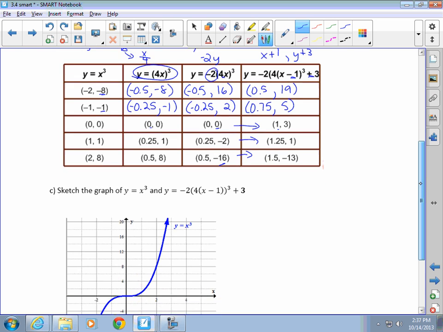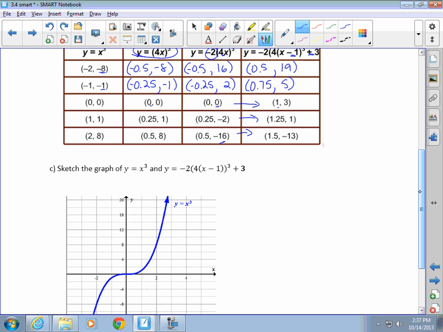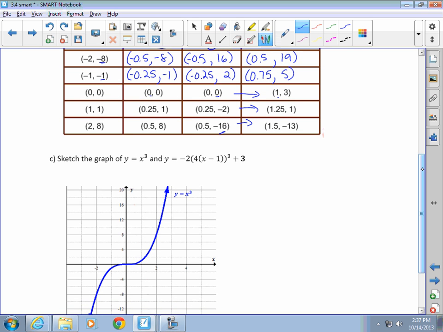Now it's just a matter of plotting them. Since y equals x cubed is in blue, I'm going to choose red for my transformed graph. So 0.5 and 19. These are going 16, 18, 20, so they're going up by half. So that'll be right there, about. 0.75 and 5.